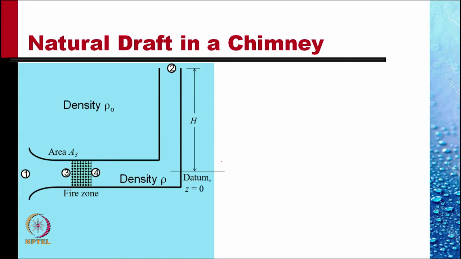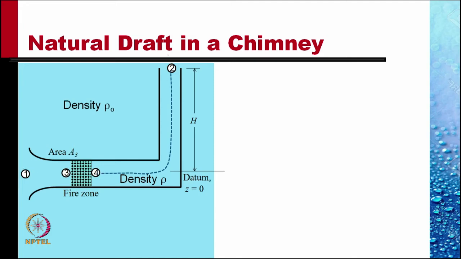And we let the natural draft do the supplying of air. How does it do it? Let's assume that the air flows across from 1 to 3 to 4 and then to 2.